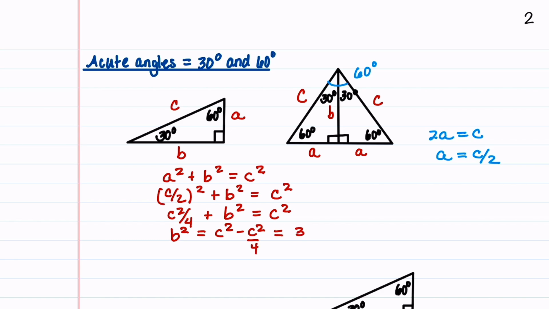So this gives us 3 over 4 C squared. And then we can take the square root of both sides and find that B is equal to the square root of 3 over 4 C squared, which is the square root of 3 over 2 times C.